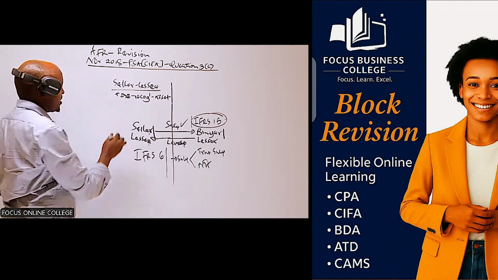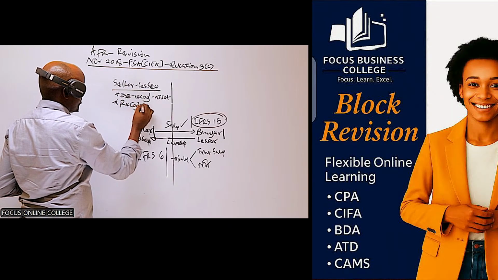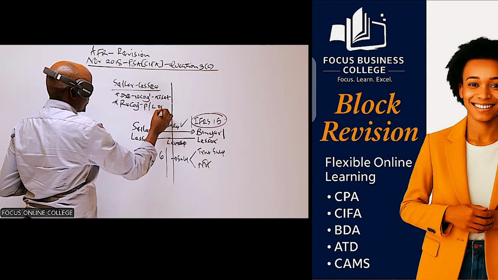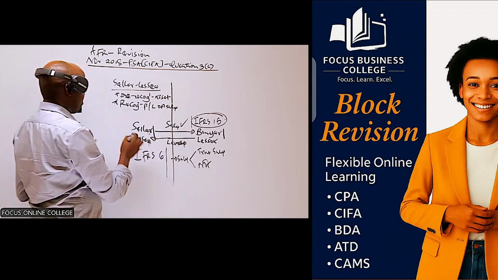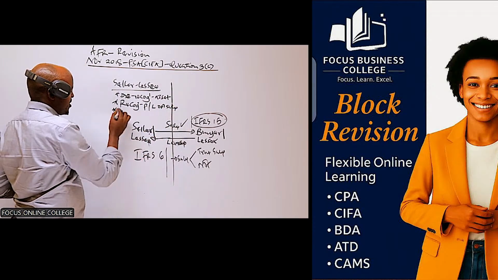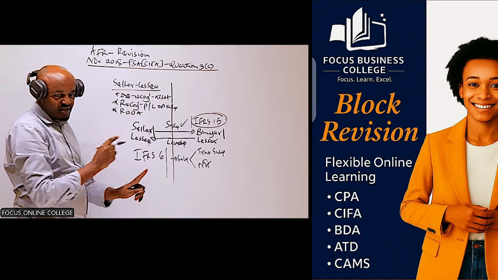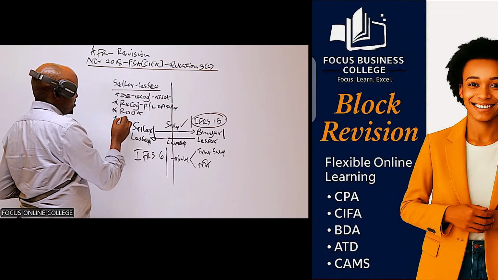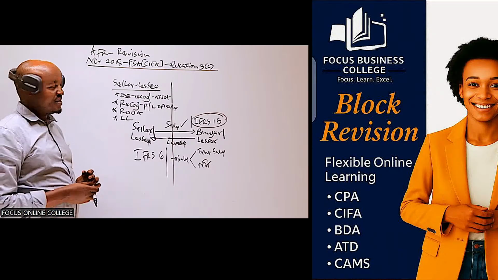Number two, he needs to recognize something called the profit or loss on sale. The profit or loss on what? On sale. And I think we looked at how we compute that. Number three, this party also needs to recognize the right of use asset because he's leasing back that particular asset. And number four, he also needs to recognize the lease liability. That's basically what we say.